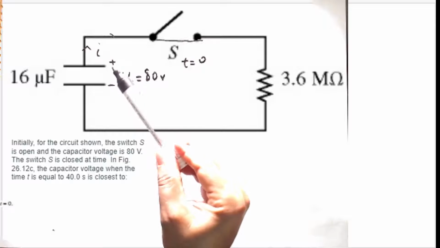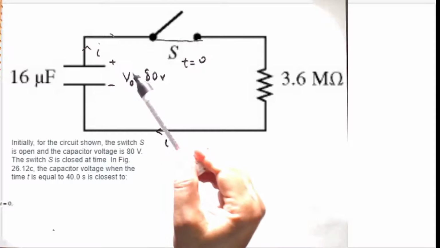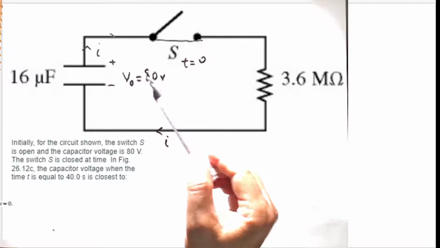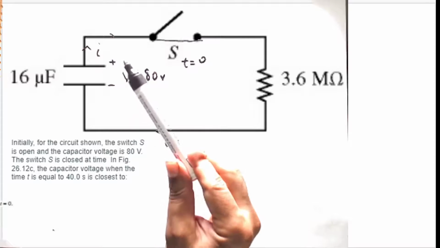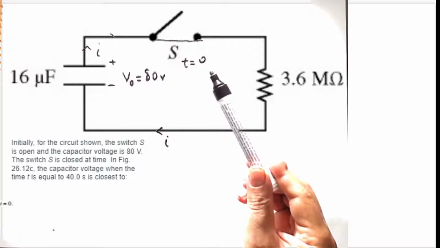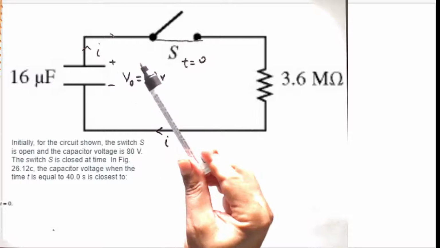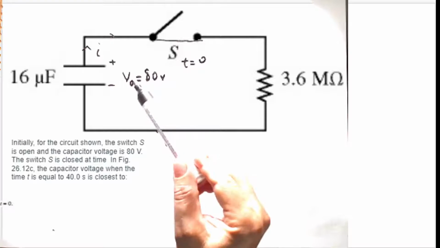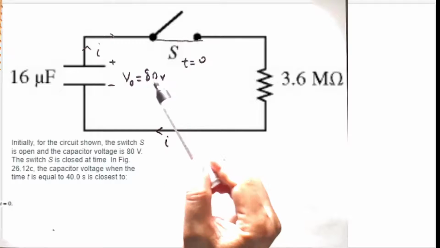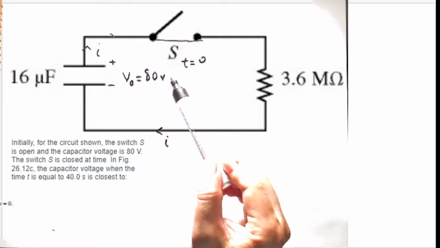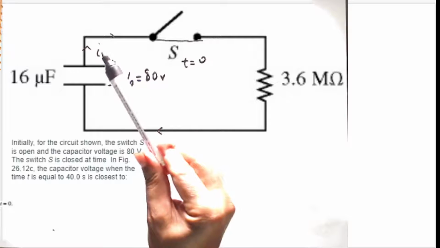Initially the potential difference is 80 volts, while the current is flowing, neutralizing these charges exponentially as time goes on. Obviously, at any time other than t equals 0, the potential difference between the terminals is going to be less than 80 volts. But when it is 80 volts at t equals 0, the current value will be maximum.